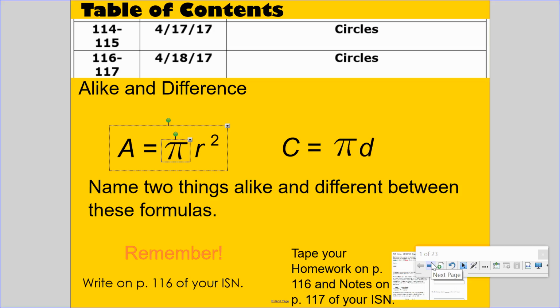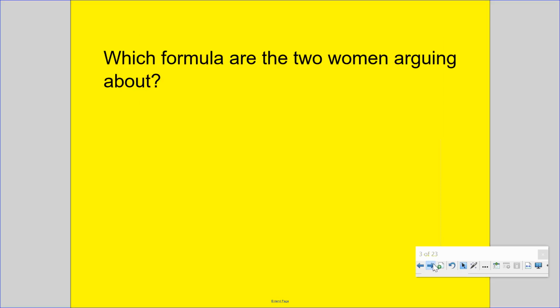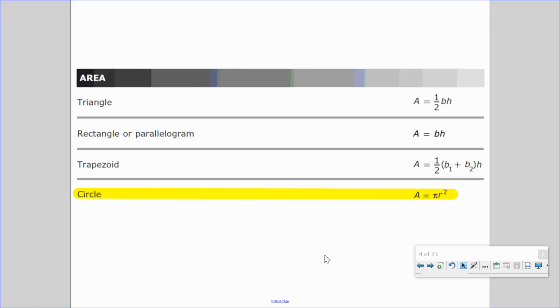She thought she was talking about home ec or cooking class. So again, in the circle formula, to find the area, you multiply pi r squared, or pi radius squared, or pi times radius times radius.